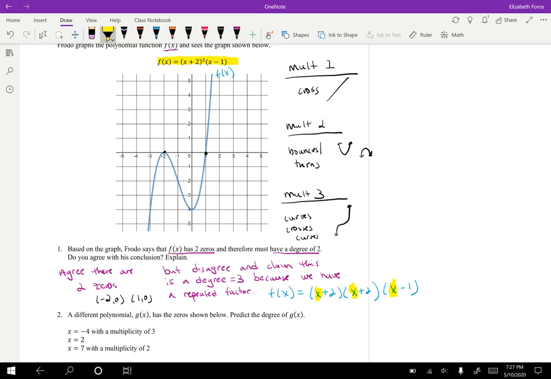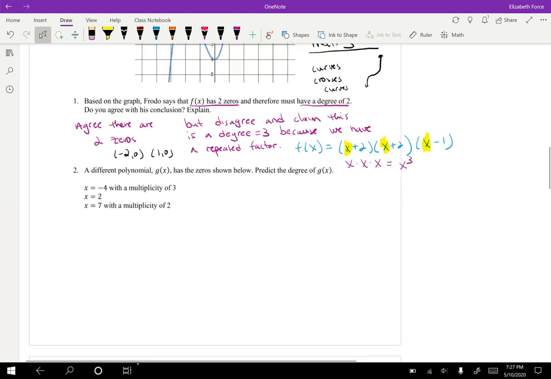Because when you multiply all of the first terms in each of the factors, you're going to get x times x times x, and that is an x to the 3rd power. So even though this polynomial has only 2 zeros, because of the multiplicity happening in the repeated factor, it really is a degree 3.